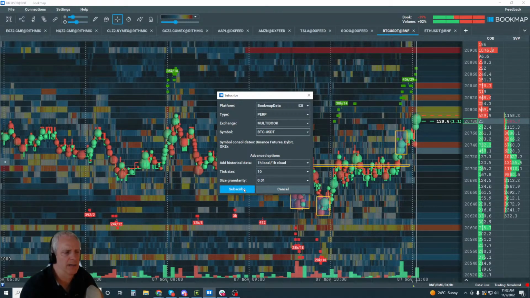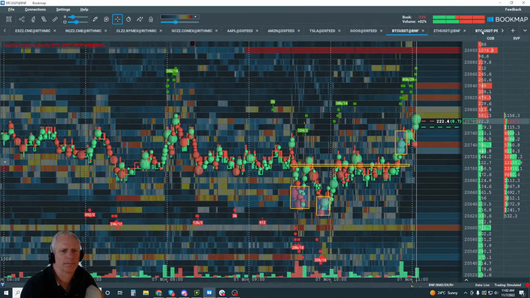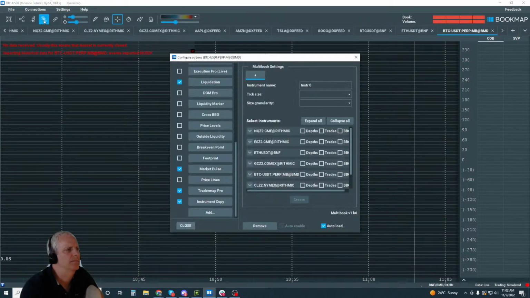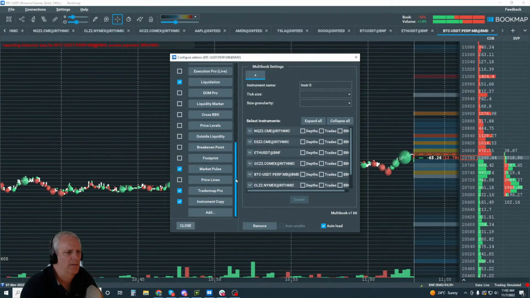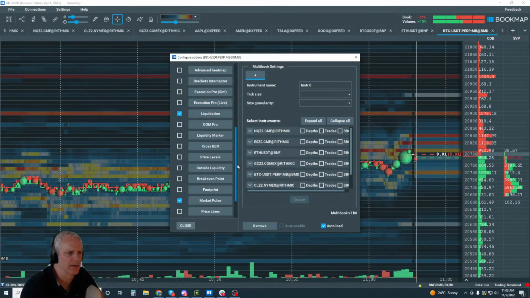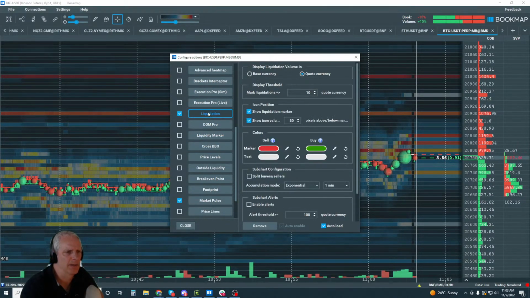Let's add it. And we can add the liquidation indicator in here as well. It's already added.